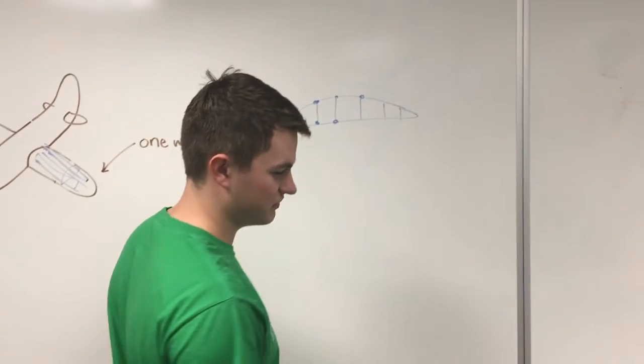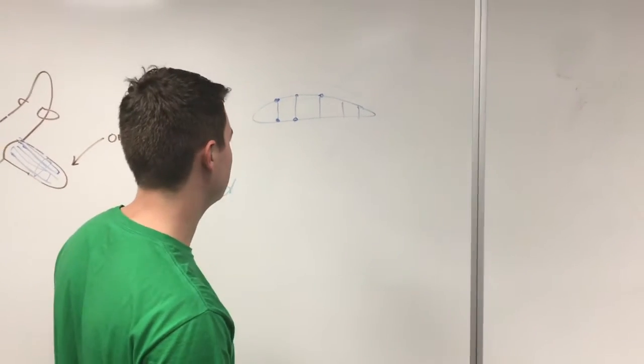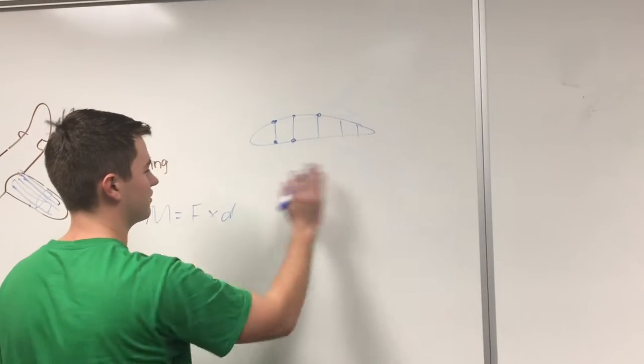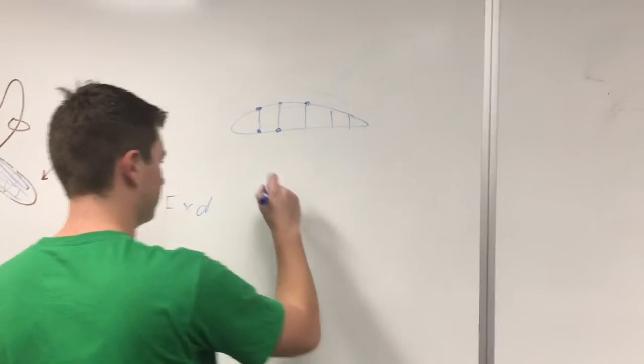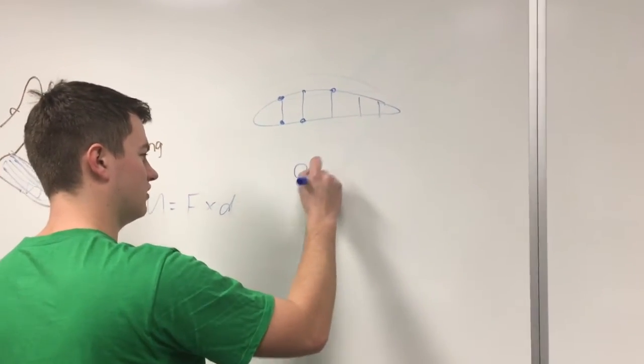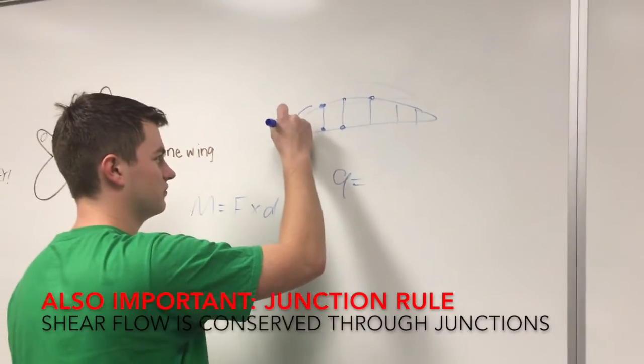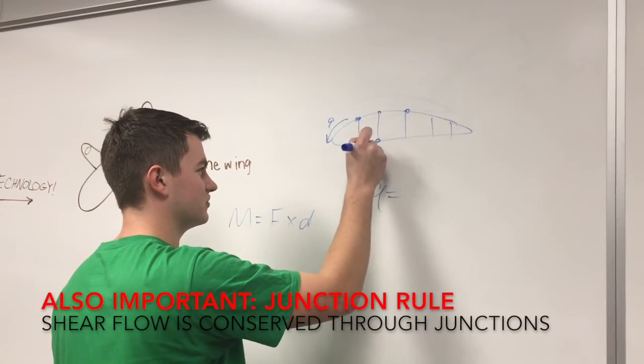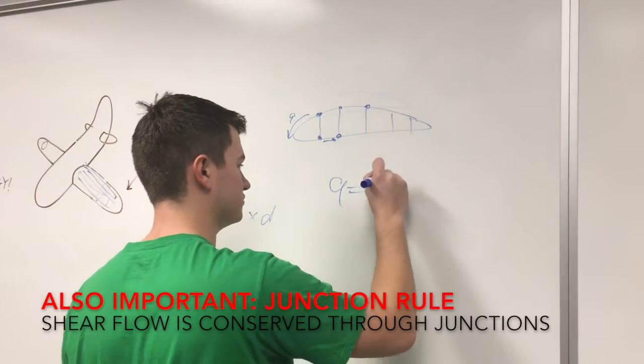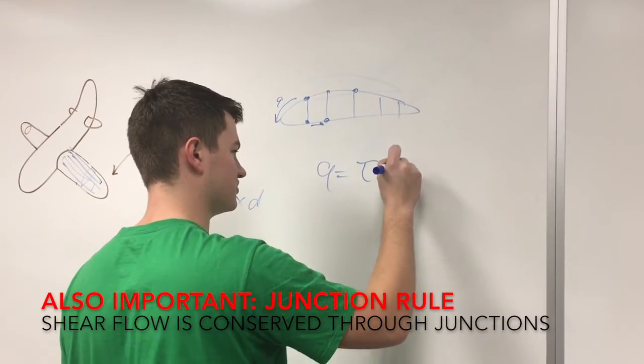When you have forces or torques in this cell, it's going to act over the entire thing. First, you got the shear flow, Q, which goes from stringer to stringer. That's equal to stress times t.